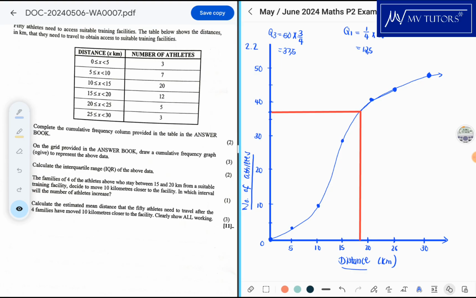That would be 17 and a half, which is somewhere there. Maybe this could be 18, somewhere about. And then we are looking at 12 and a half. If that's 15, 12 and a half is going to be halfway.